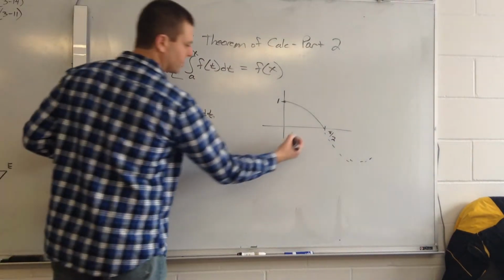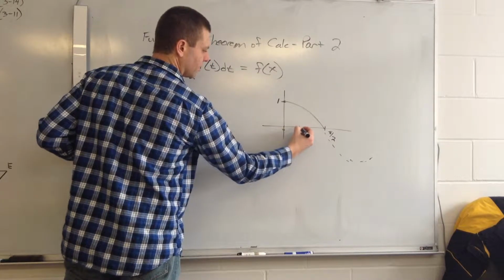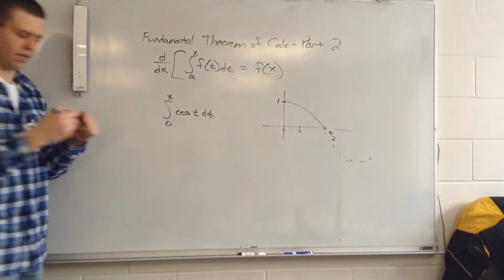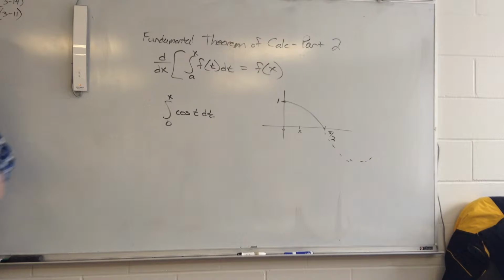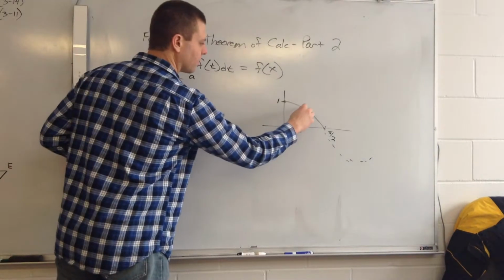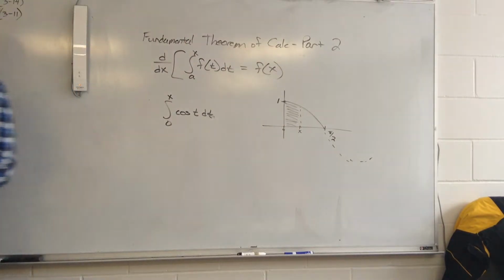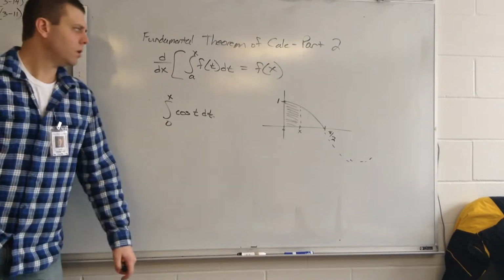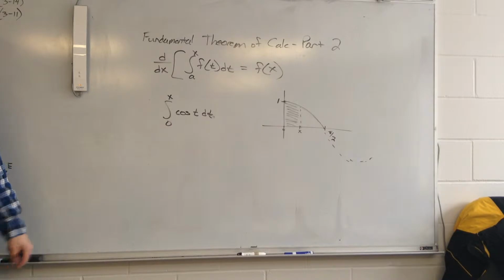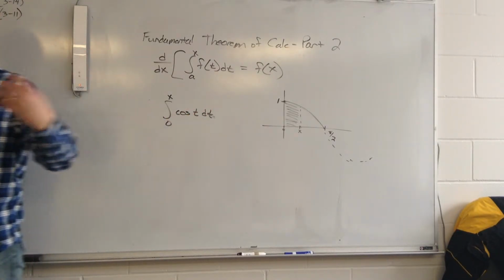So let's say x, obviously here's 0, let's say x fell right there. Then what we're asking you to find is this area right in there. So, how do you think you would go about doing that?